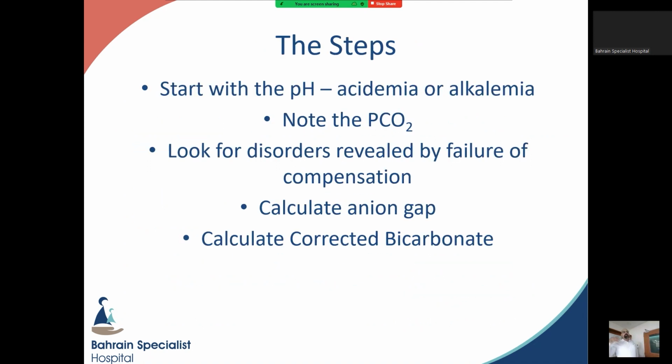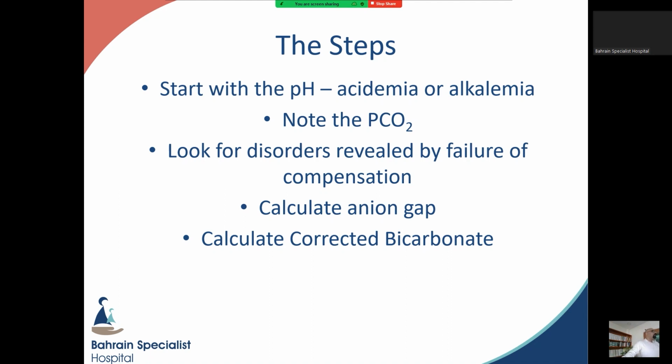The steps, how I will read ABG. Also, it's huge, but I will make it fast. I will start with the pH. It's below 7.35 or above 7.45, acidic or alkalic. The first thing I will look towards is the PCO2. The PCO2, high or low, then I'm talking about a respiratory problem.